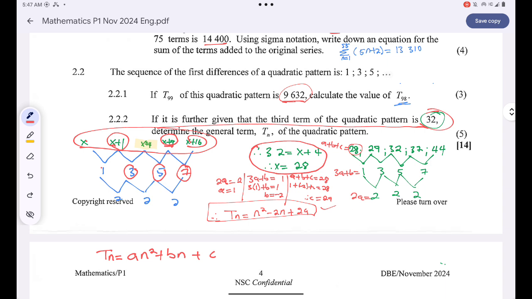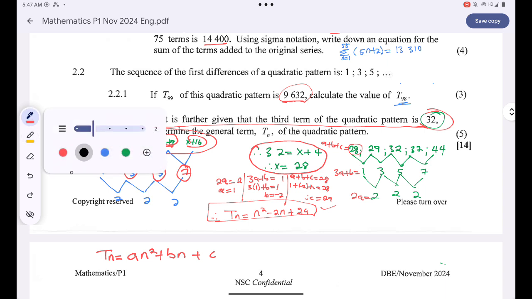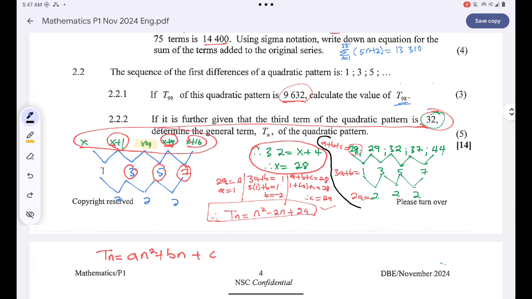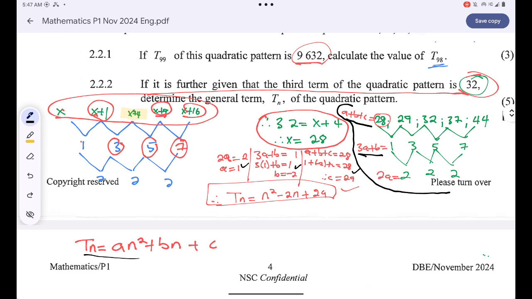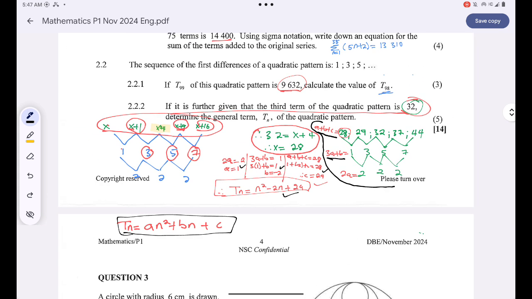I know that 2a is equal to the second difference, and then 3a plus b is equal to the first term of the first difference, and then a plus b plus c is equal to the first term of our quadratic pattern. So we found a, b, and c. We just substituted them into this equation to find our answer. That's how, guys, you're supposed to tackle this question.